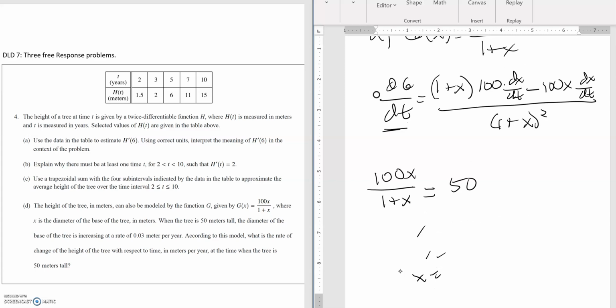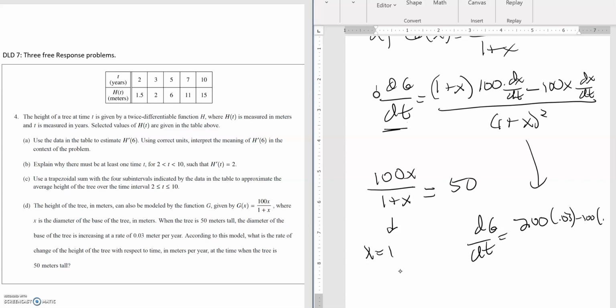So for right now, because it is legal, I can just say I had this equation and that told me that x equals 1. So dg dt is equal to 200 times 0.03 minus, plug in 100 times 0.03 all over 2 squared.